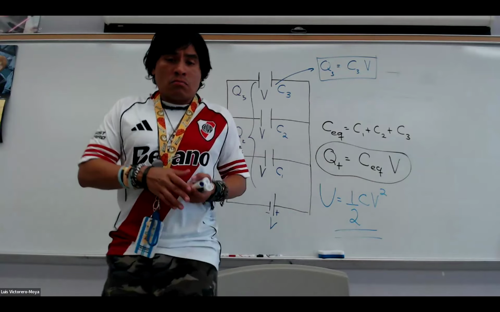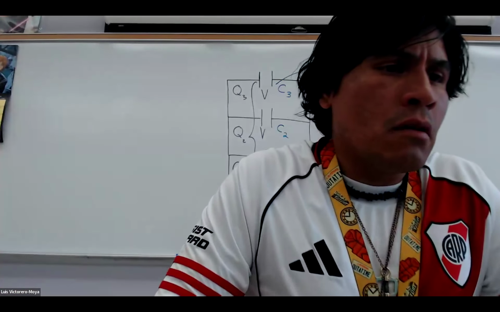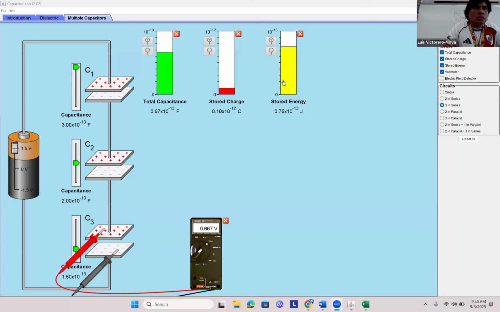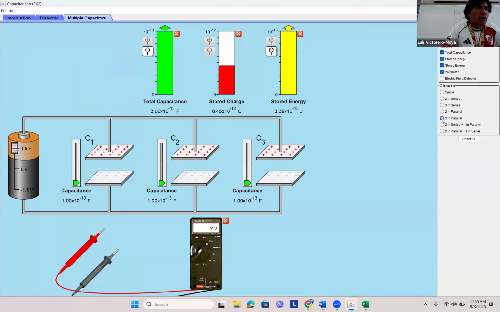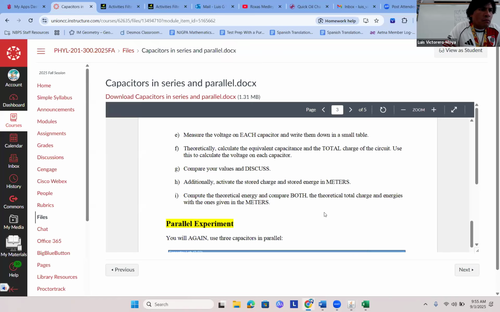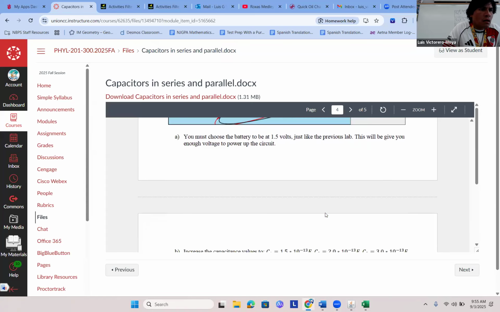Let's do a parallel. Let's take a look. With parallel it's the same. We can just put 3 in parallel. Yep. 1.5 volts, and the values are the same.